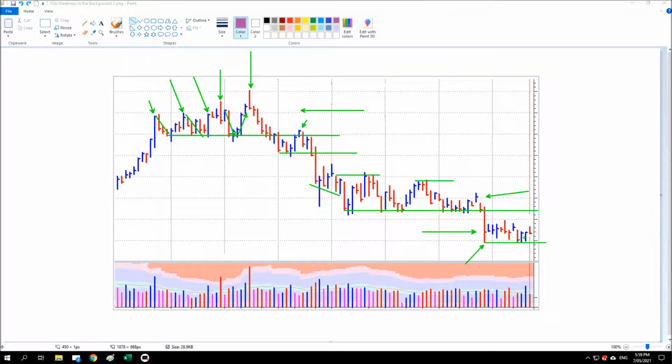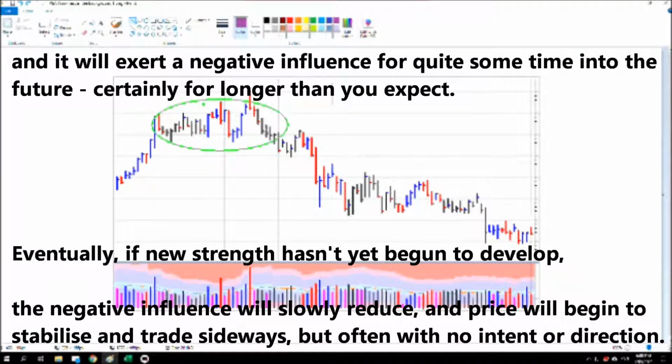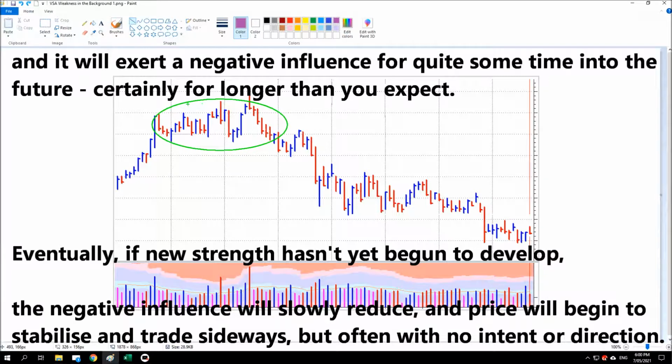You'll get people realising that price isn't coming back and they'd better get themselves out before price breaks down again. This up here, once confirmed, becomes weakness in the background of the chart. And that's exerting an influence on the future trading.